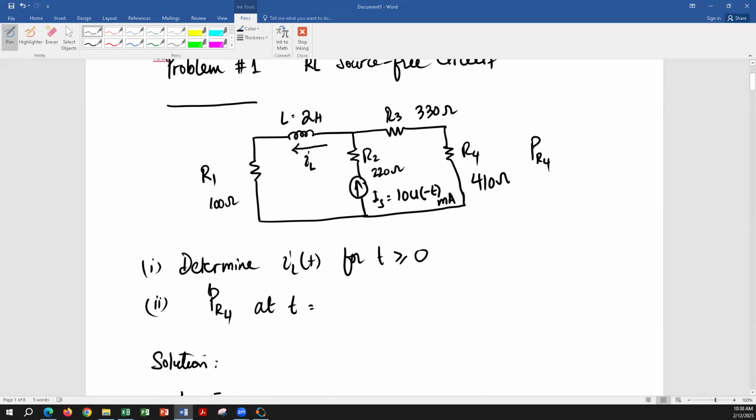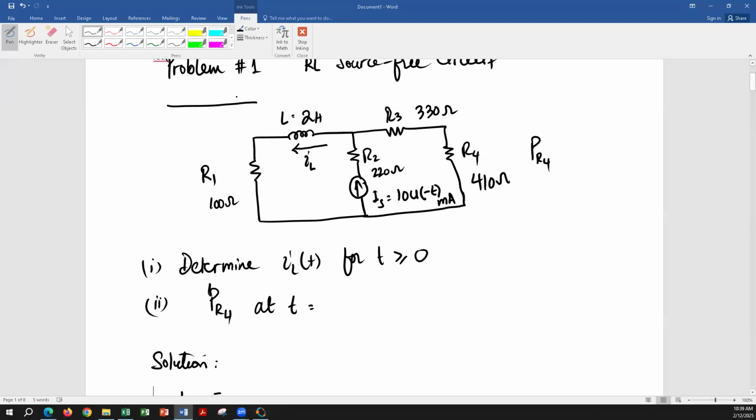Where's R2? You don't encounter R2 because IS is dividing between these two branches. IS is the current going through R2, and then it's going to go in this branch and then this branch. So you know the total current. Remember, current division is if you know the total current going into multiple branches connected in parallel, then in any of those branches, the current is the total current times the equivalent of all the parallel branches connected.